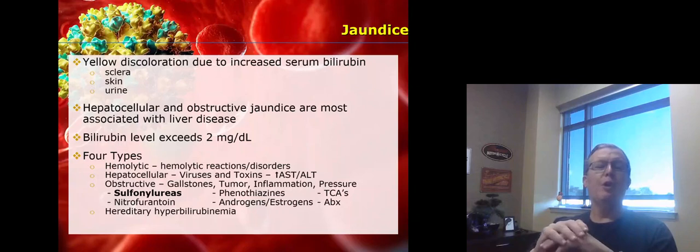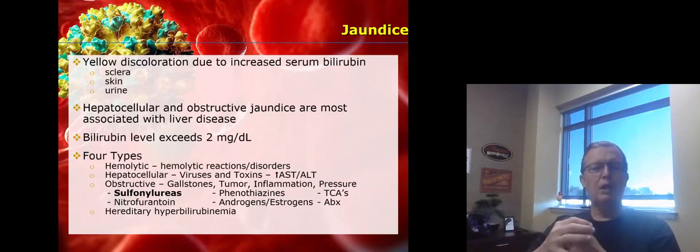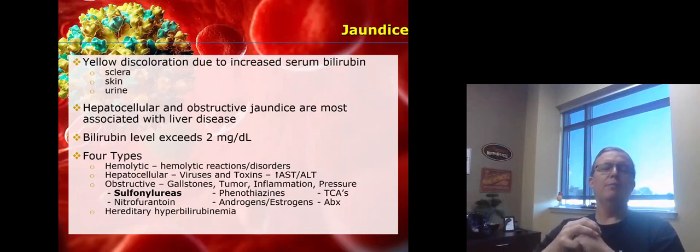And then there's also hereditary hyperbilirubinemia, which is a hereditary condition that will present itself rarely. I don't know that I've ever cared for a patient with this. So it does appear, but it's not one of the most common causes. And then hemolytic liver failure is another problem.